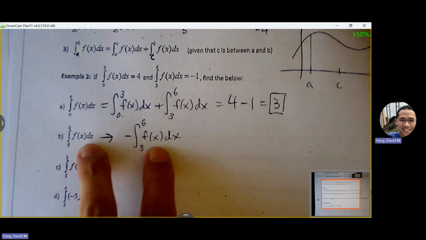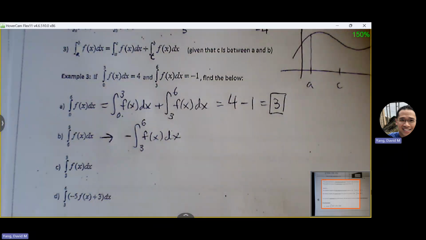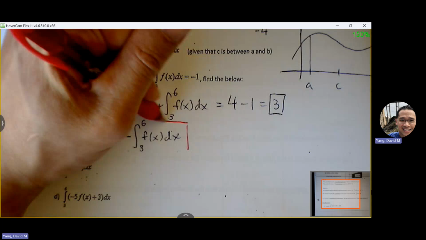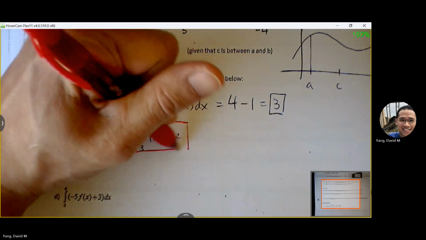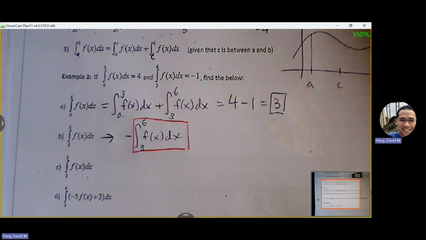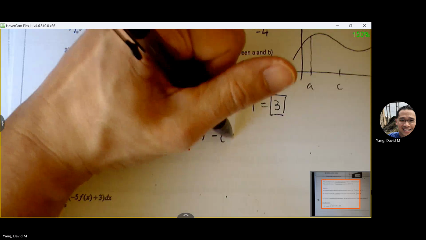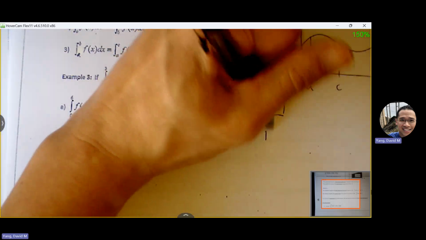So now that I've created something equivalent so that I can match my property better, I can make a substitution, right? I know that this piece is equal to what? -1. And then if I have a negative and a -1 together, I can cancel that out to be just +1.